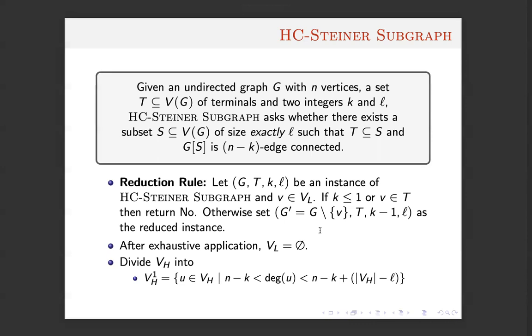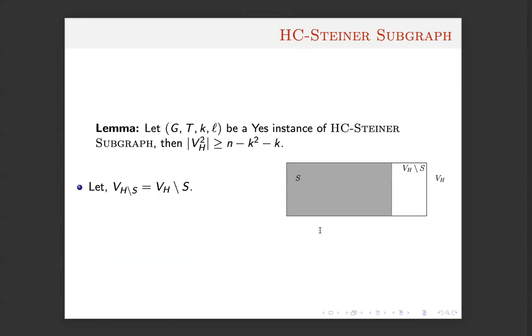V1H is the set of vertices which have degree between n minus k and n minus k plus VH minus L, and V2H is the set of vertices which have degree at least n minus k plus VH minus L. Now we will try to bound the number of vertices in V2H.